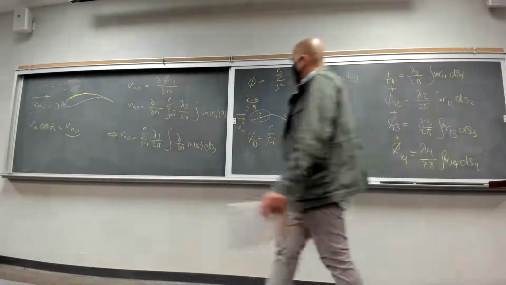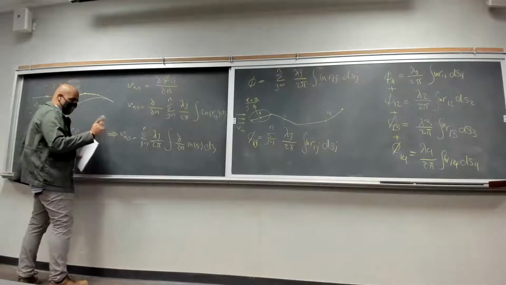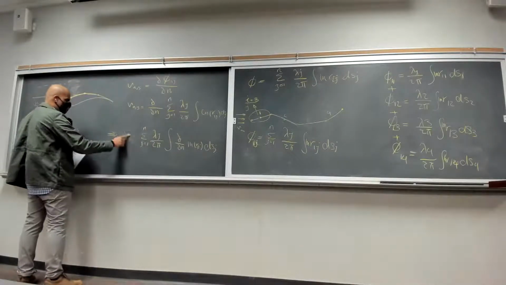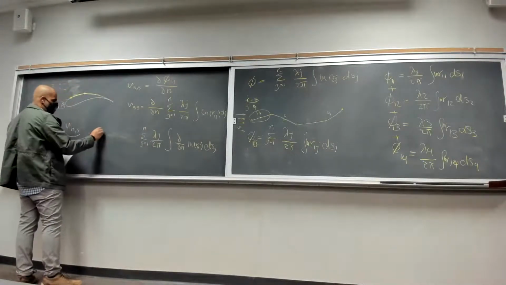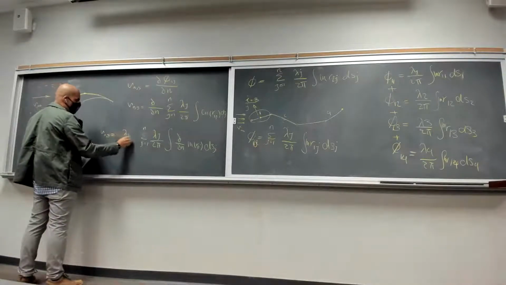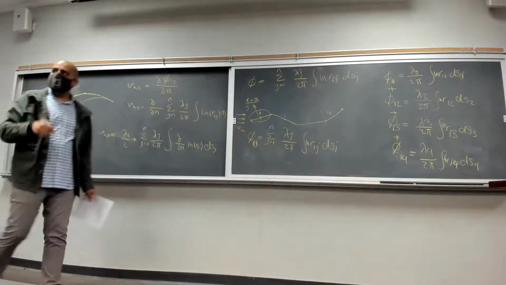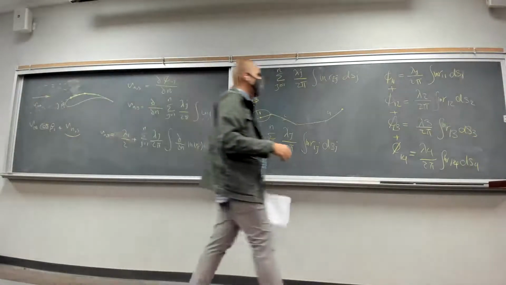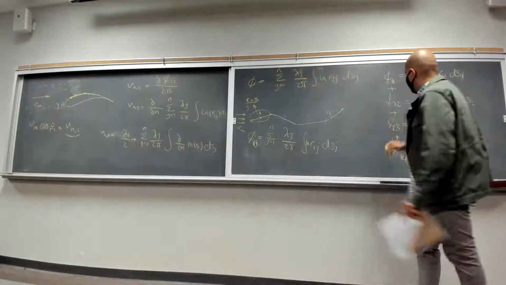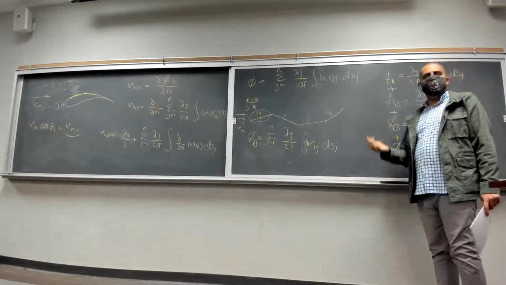We are simply going to use lambda of that panel, lambda of i, and add it in front here, divided by 2 for the velocity induced on a panel by itself. So this phi over there is only going to include these 3 if you only have 4 panels.